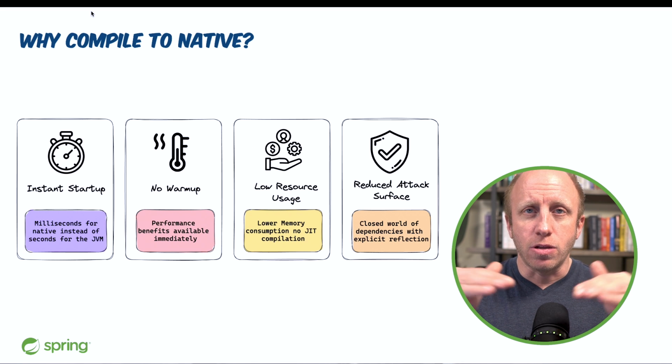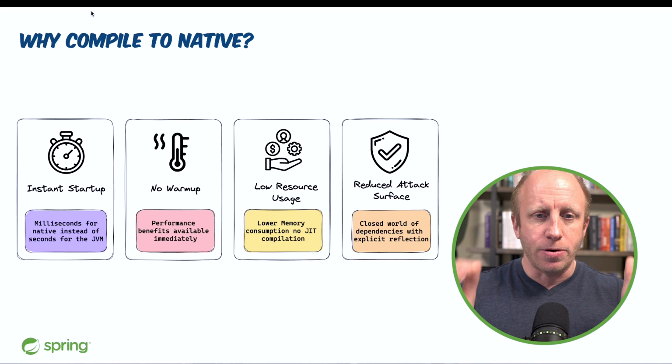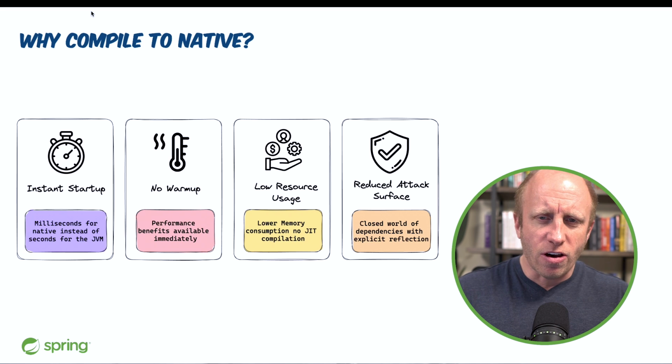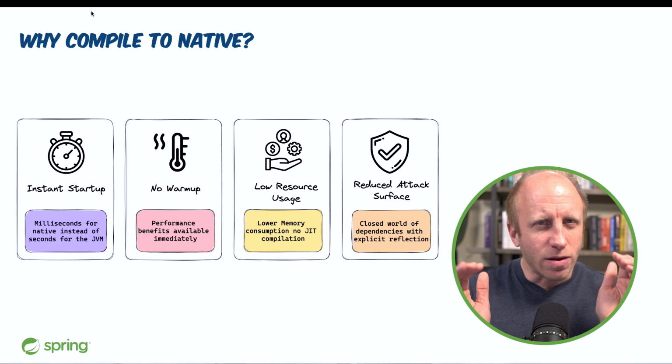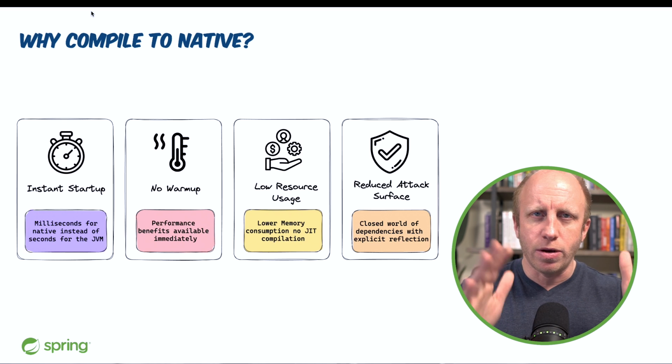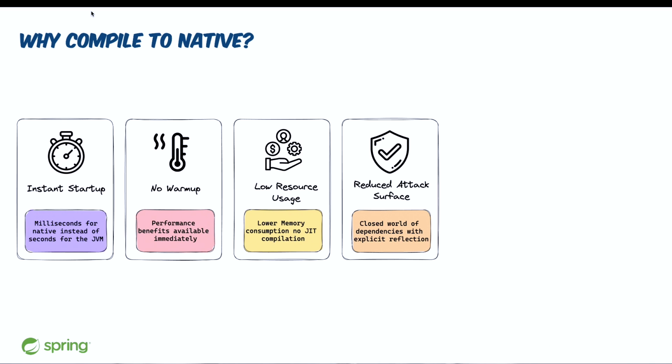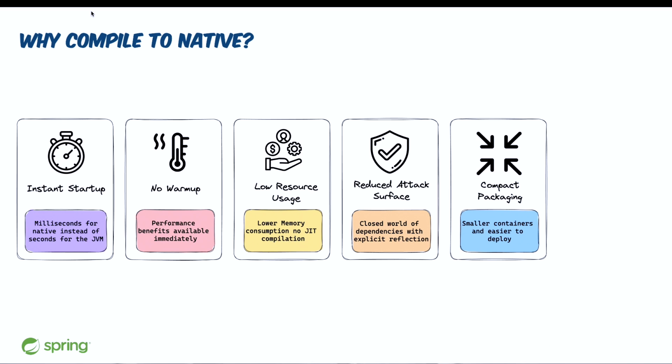Because we are closing off the dynamic capabilities at runtime, we're saying, these are all the things I want you to know about at runtime, we can think of it as having a reduced attack surface, right? Because we are not doing these dynamic things at runtime. Because we're building these smaller native images, we can put them in containers that are smaller and easier to deploy. And guess what?